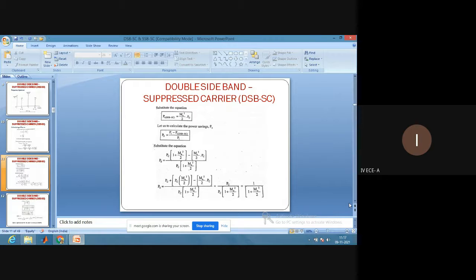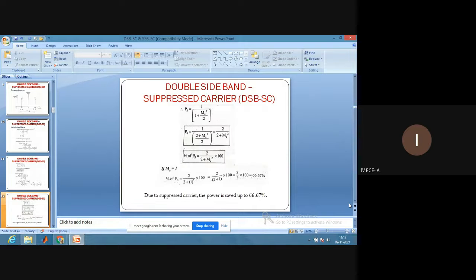The power saving can be determined by using the formula (PT minus PT DSB-SC) divided by PT. Substituting the values in the above equation, we can get the power saving equation as 1 divided by (1 plus ma squared by 2). Now consider modulation index ma is equal to 1.